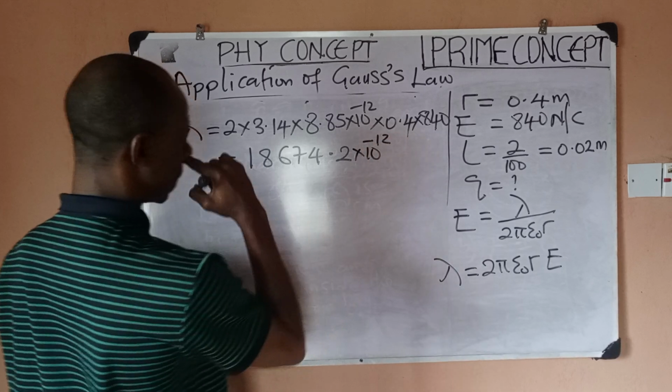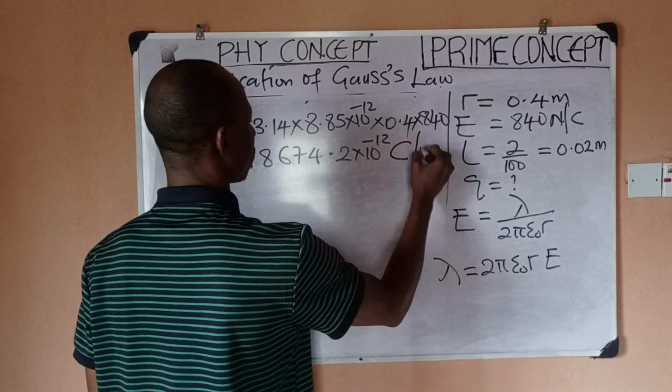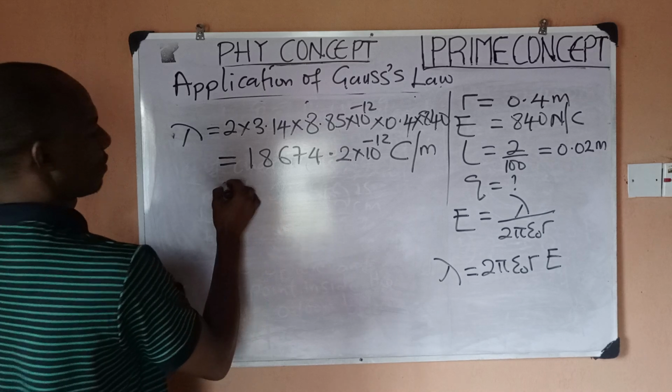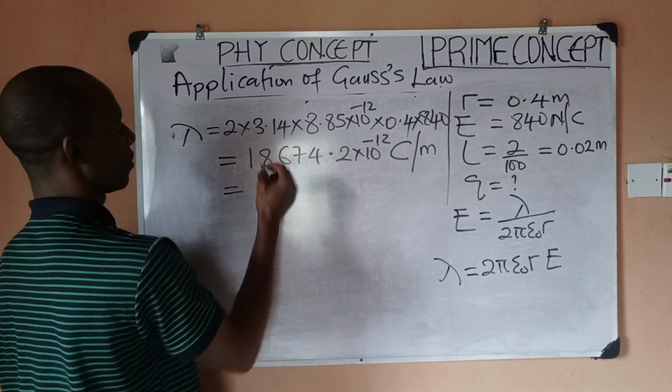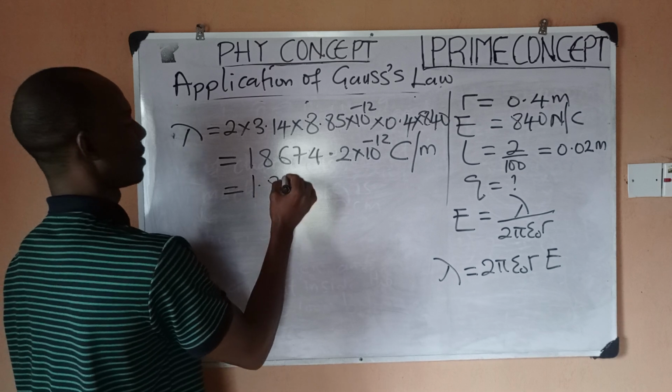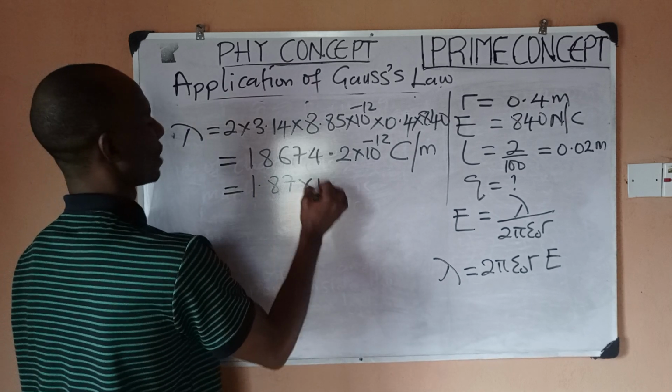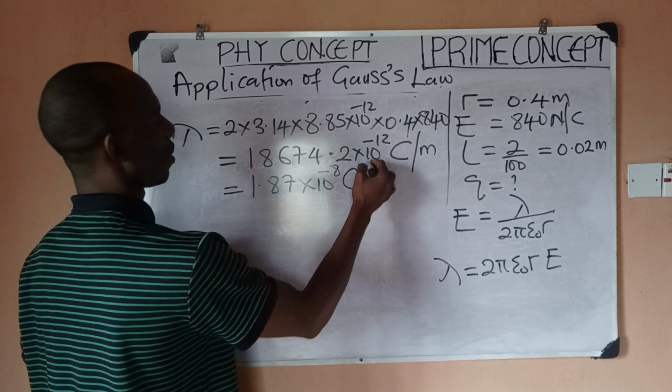So this is what I have. And remember, the unit is coulomb per meter. So if I write this in standard form, I'll have approximately 1.87 times 10 to the power minus 8 coulomb per meter.